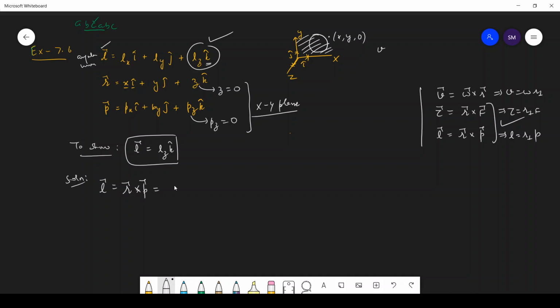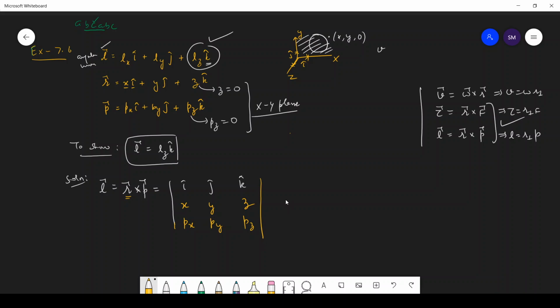Now how do we calculate this cross product? We need to write i cap, j cap, k cap. Now write the components of r in the second row, that is x, y and z. Now write the components of p, so the components of p are px, py, pz.